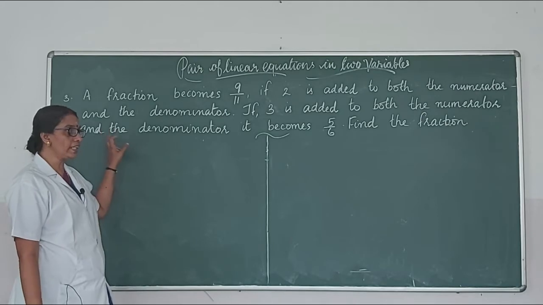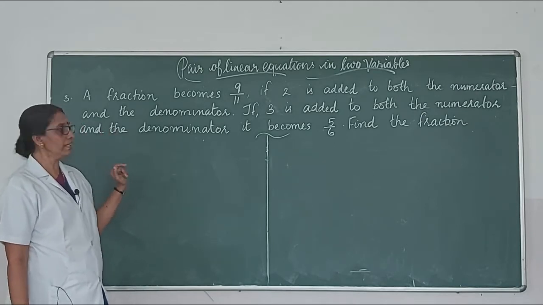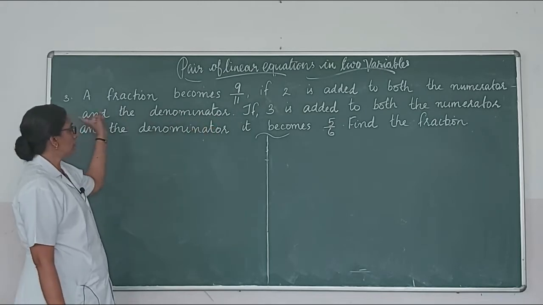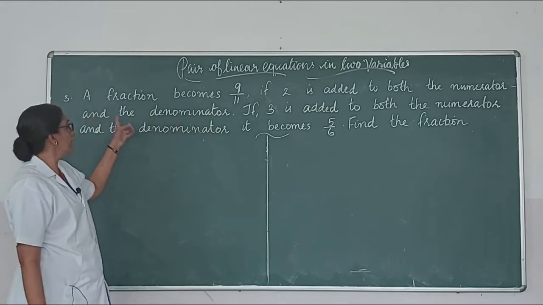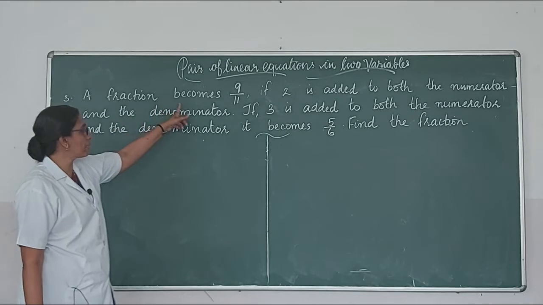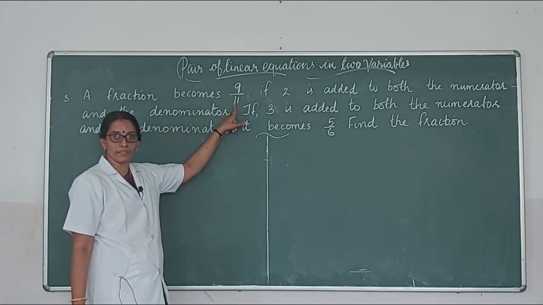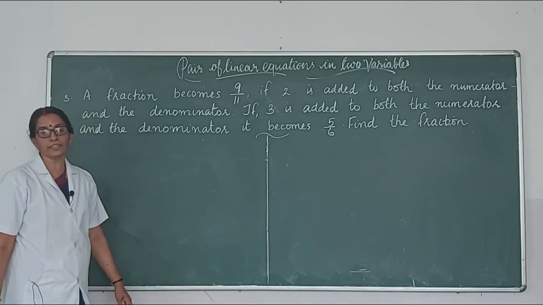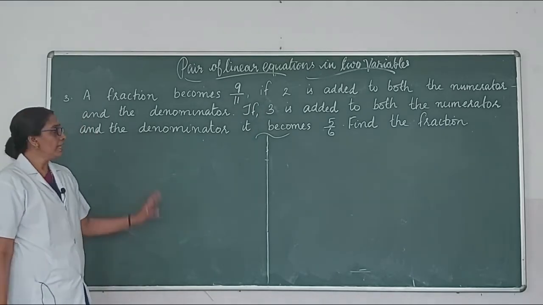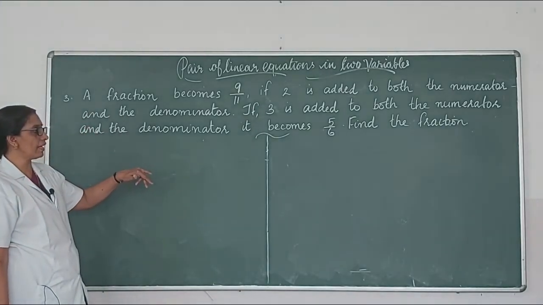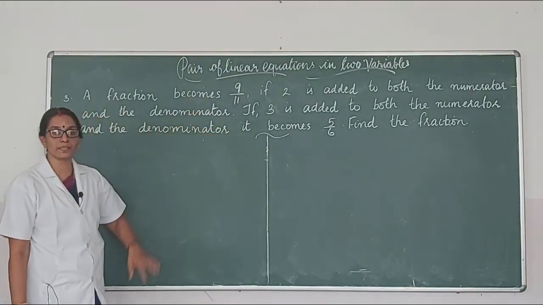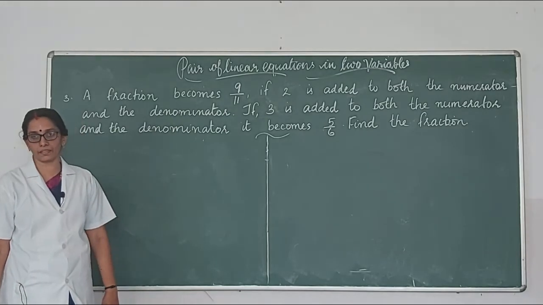Okay. To find out the values of x and y, two statements are given. The fraction becomes 9 by 11 if 2 is added to both numerator and denominator. Then the second case is given: if 3 is added to numerator and denominator, the fraction becomes 5 by 6.